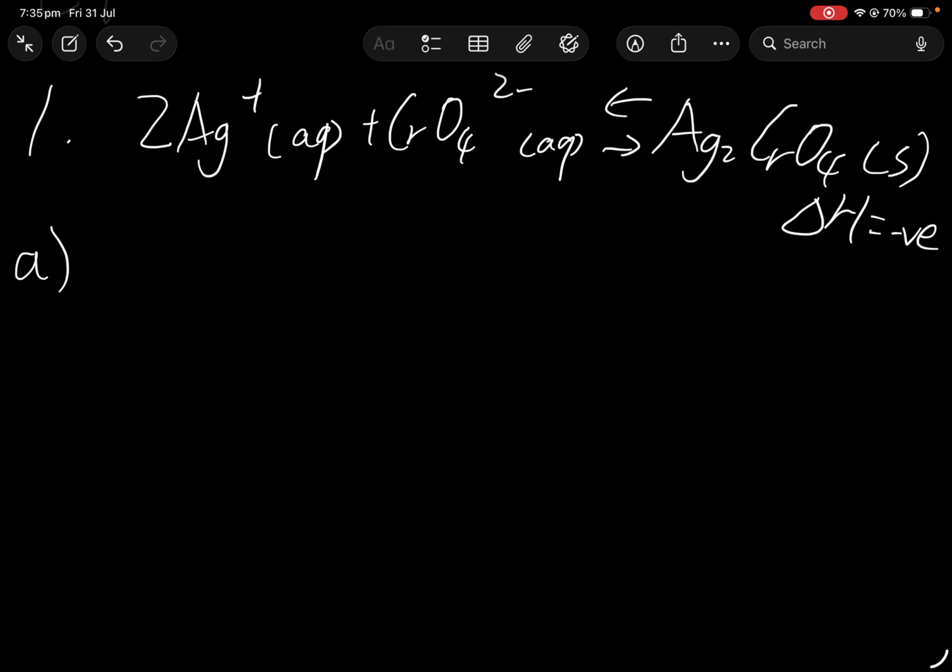Let's do that. So the first says a few drops of concentrated NaCl solution are added to the system.